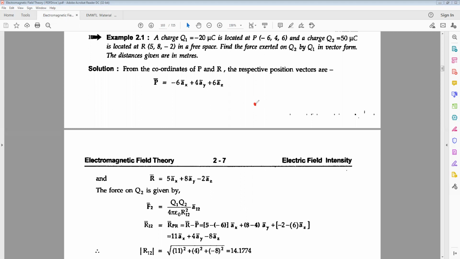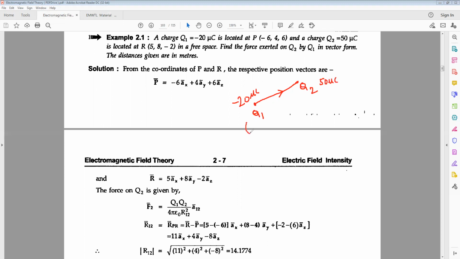Let us say here Q1 is there. Due to Q1, a force is exerted on Q2, towards this direction. The Q1 charge is 20 microcoulombs and Q2 charge is 50 microcoulombs.